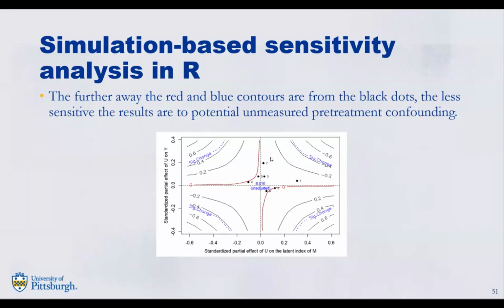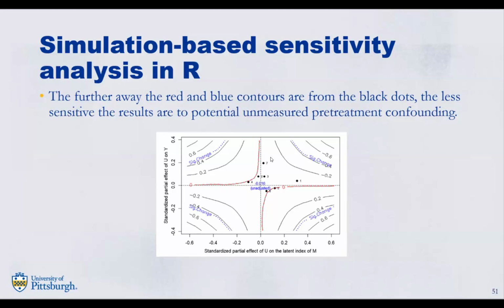To determine if your results are sensitive or not, you just try to see how far away the red contour, which indicates the boundary of the change of the sign, and the blue dotted contours, which are the boundaries of the significance change, are from the black dots, which indicate the unmeasured confounders that are comparable to observed covariates.